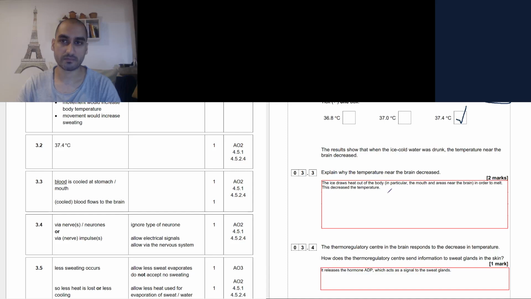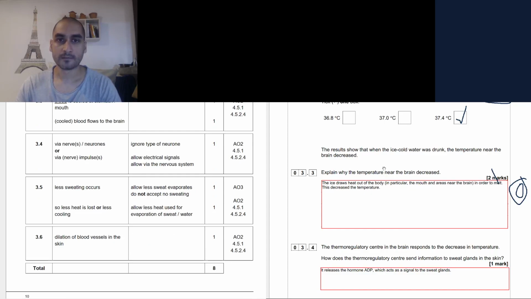So is it 0 or 1 mark? If we don't mention blood, I think that's just plain 0. I feel like I should have got a mark, but they didn't say anything about talking about ice melting. Okay.